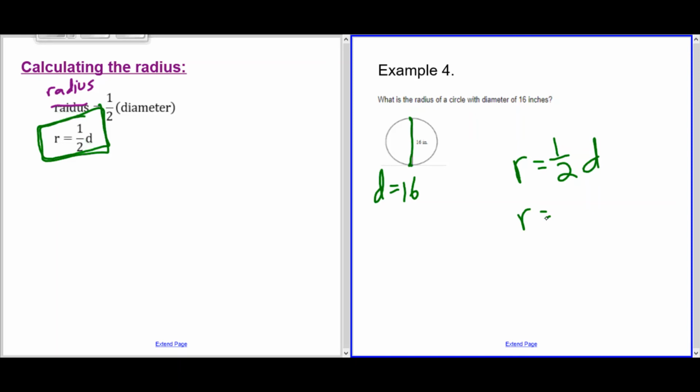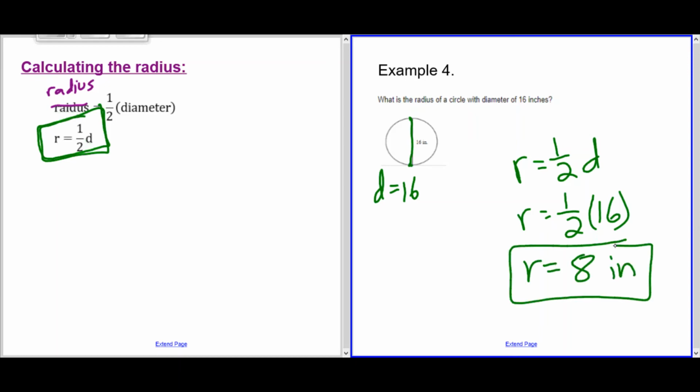The diameter is 16. So this would be 1/2 of 16, which is 8. So my radius here would be 8, and this was in inches, so that would be 8 inches. That would be my radius. If you want to calculate the radius, you're just going to divide the diameter by 2. If you want to calculate the diameter, you're going to multiply the radius by 2.